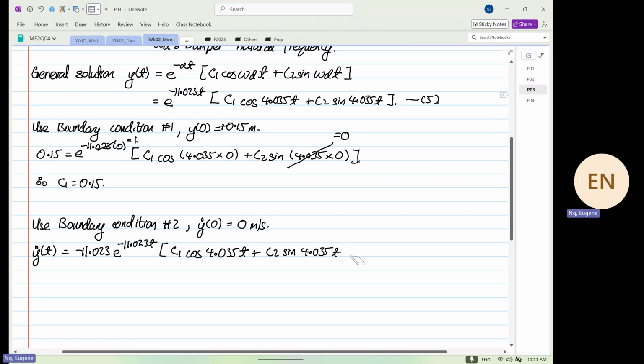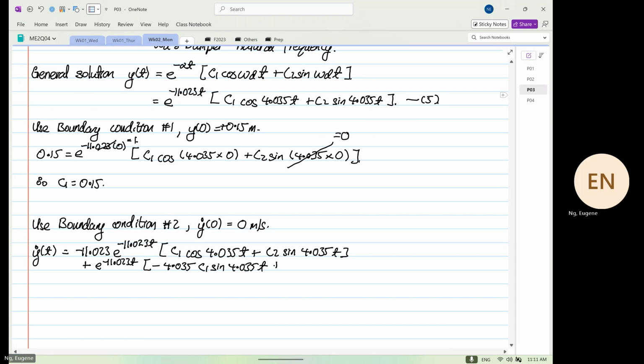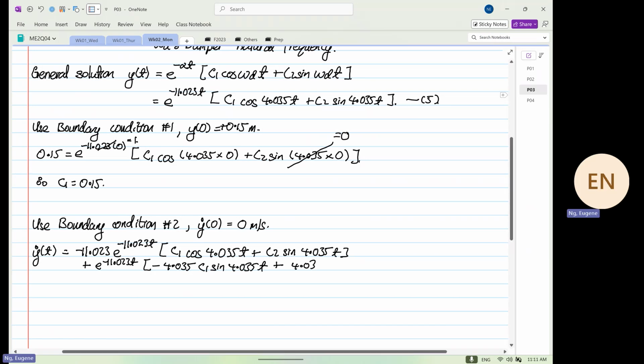Okay, I only know the procedure. And then plus e^(-11.023 t), and then you differentiate inside. Cos to sine is minus C1 sin. Oh, no. It's minus 4.035 C1 sin(4.035 t) plus 4.035 C2 cos(4.035 t).